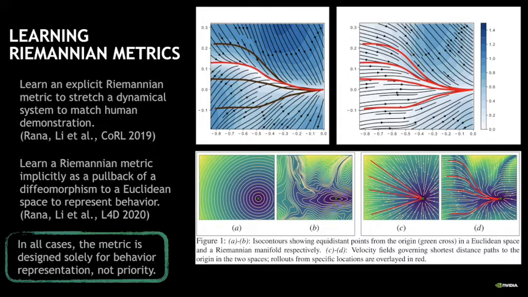These two examples give two different ways of doing that, but basically it's learning a Riemannian metric to represent that stretching. But in all of these cases, this metric is designed and learned solely to represent the behavior. It doesn't capture the notion of priority that's necessary to combine them with other RMPs. So once we came to put them in RMP trees, they started conflicting sometimes and fighting with some of the other RMPs, especially collision avoidance RMPs and such.